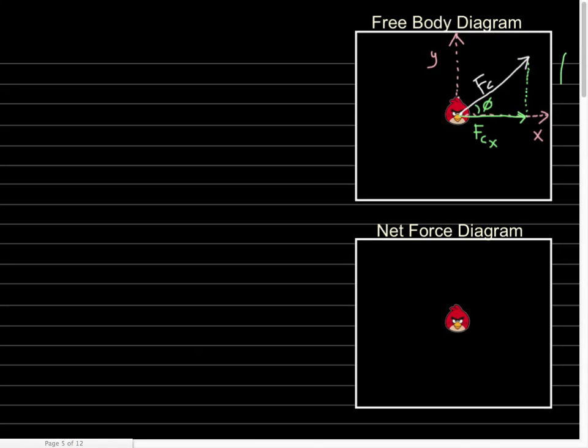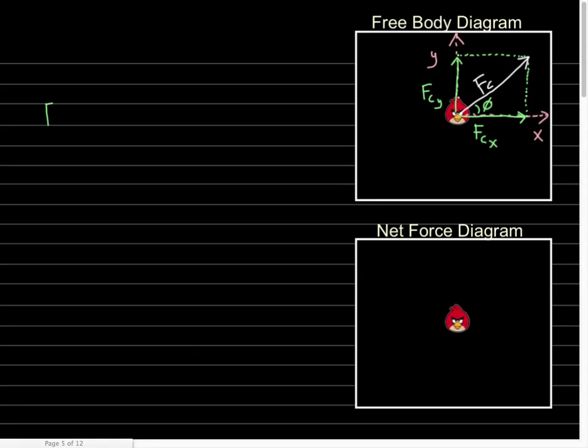Now imagine the sun shining over here. It's going to shine a shadow onto the y-axis that looks like this. We're going to call that FCY in the y direction. Now we have broken apart FC into FCX and FCY, the components.